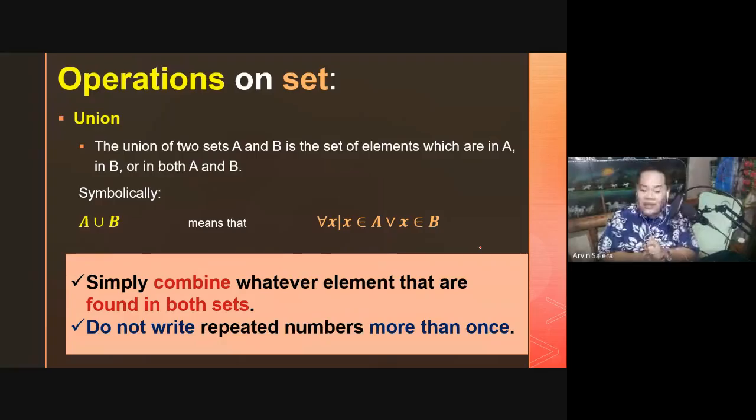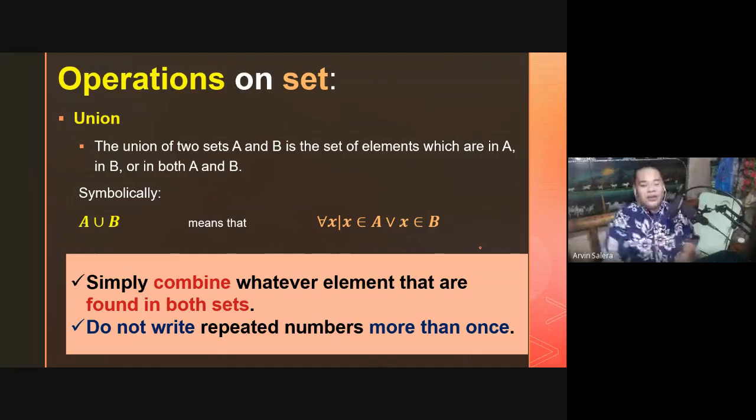Do not write repeated numbers more than once. So kung si A naa ay 1, 2, 3, si B naa ay 3, 4, 5, so ayaw isuwat ang 3 kaduha. Kausa ra si 3. Okay, so the combination A union B is 1, 2, 3, 4, 5.